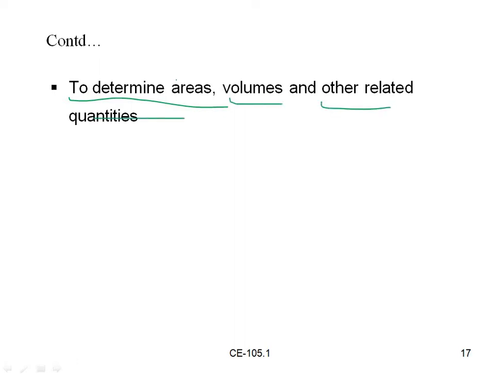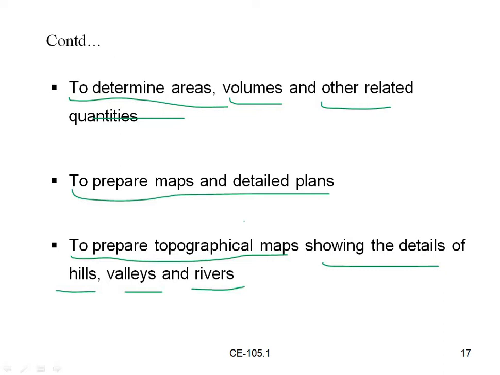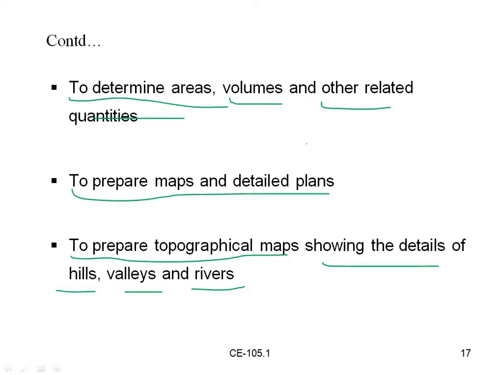So we can find out the area, volumes, and other related quantities. And to prepare maps and detailed plans, and to prepare topographical maps showing the details of hills, valleys, and rivers. So finally, this is the purpose of surveying.